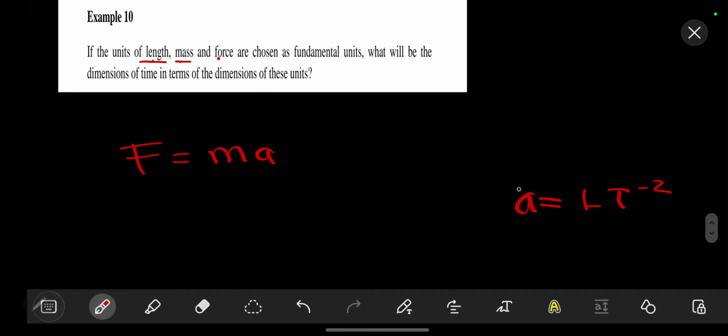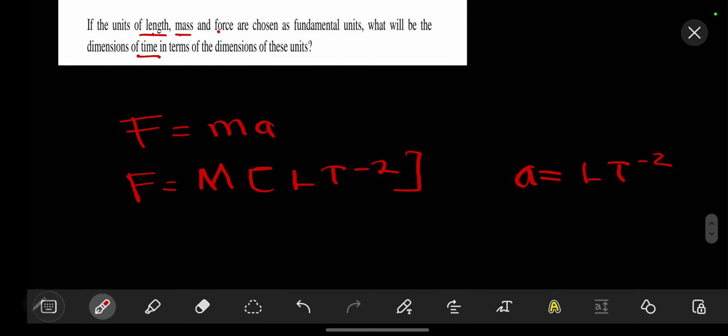this can be written as, we want the dimensions of time. So this is one of the formulas that can connect force and time. So we can say force should be equal to big letter M, then the acceleration is L T raised to the power negative 2. If that's the case, all we have to do is make T the subject of the formula.